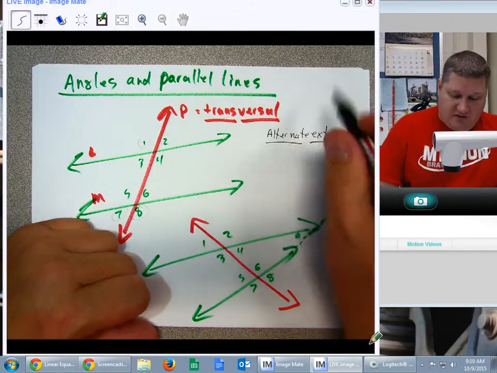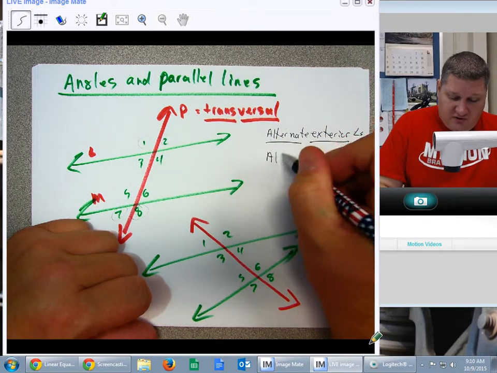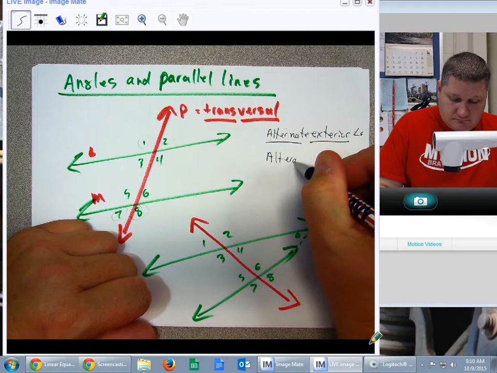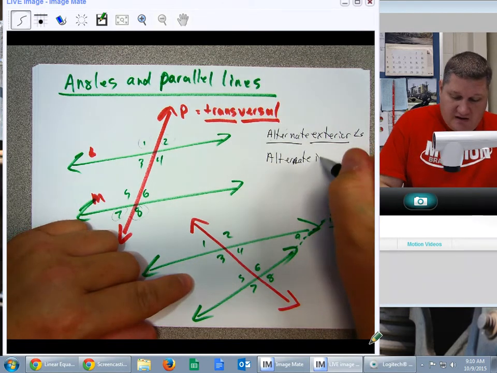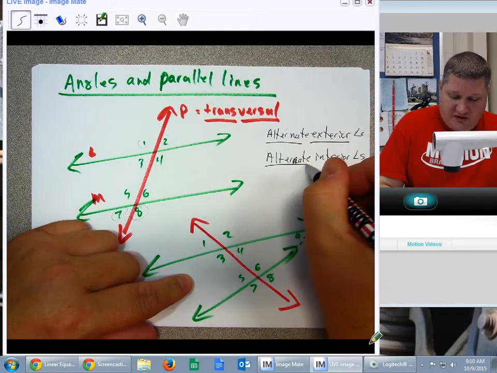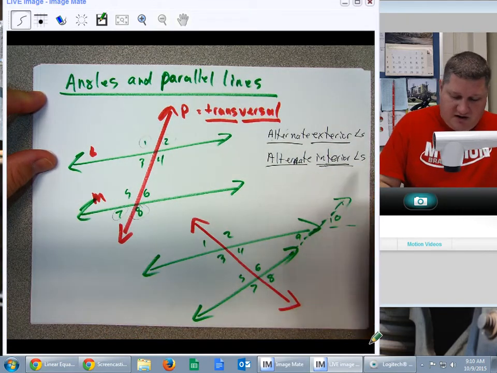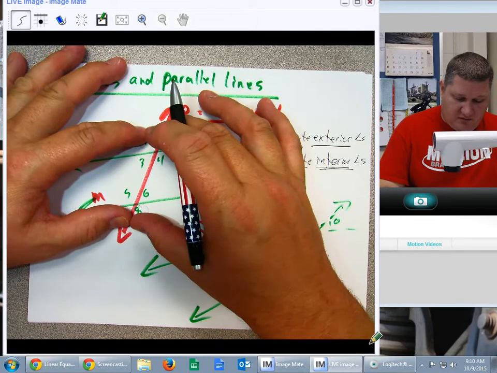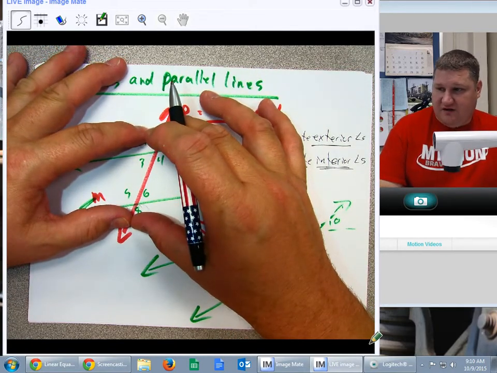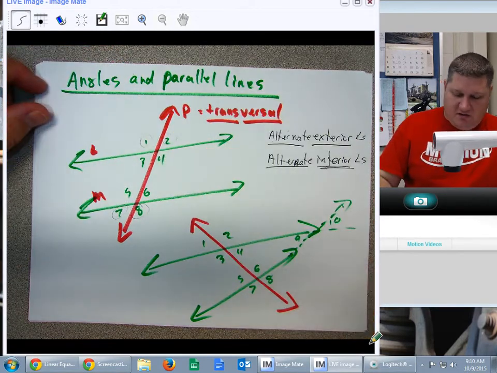So that means if we have alternate exterior angles, we could also have alternate interior angles. Alternate, again, opposite. Interior, meaning inside. So now we're talking about 3, 4, 5, and 6 because they are inside the parallel lines.